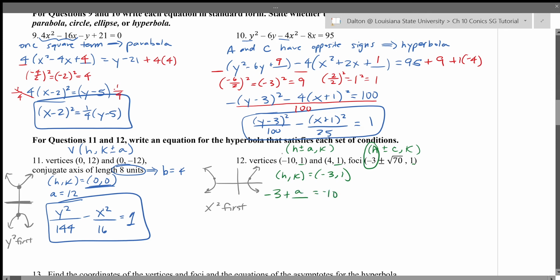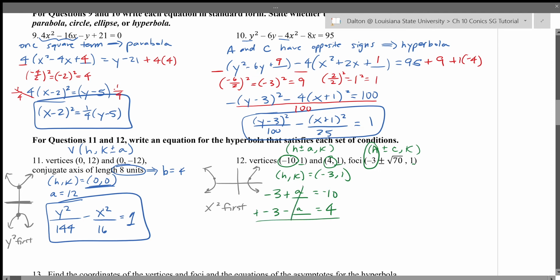So I'm looking at where the x values of the vertices are coming from. And that h minus a, so h is -3 minus some value a is equal to 4, then I can solve for a, right? I can literally just do a system of equations here if you want, or just kind of deduce your information.